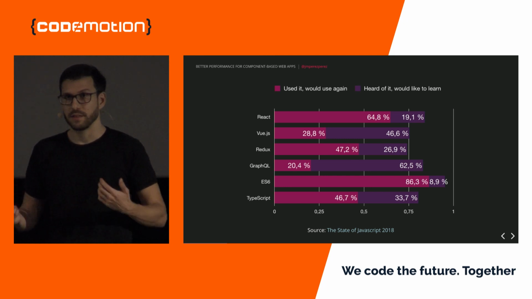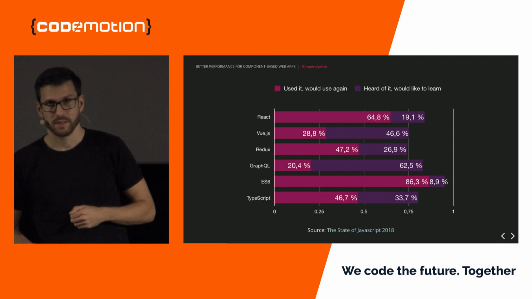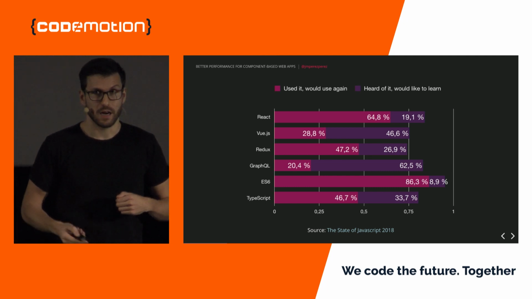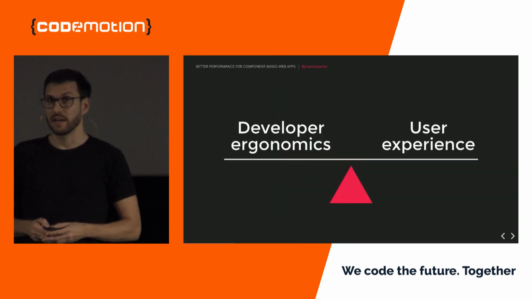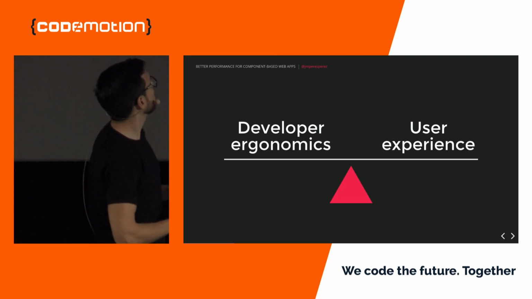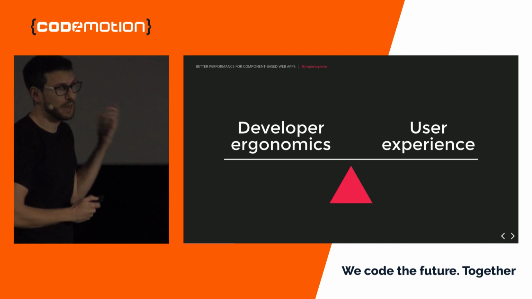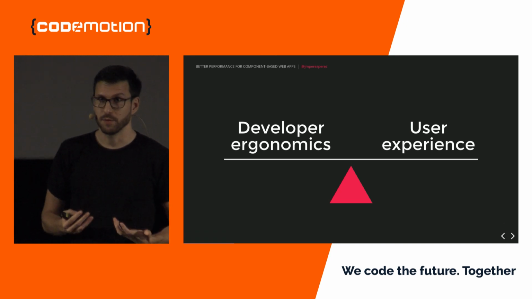But when we pick these libraries or these different flavors of syntax, we tend to prioritize our productivity. And that's something that I'm not a big fan of. We tend to choose libraries and tools that are going to make our lives easier as developers.